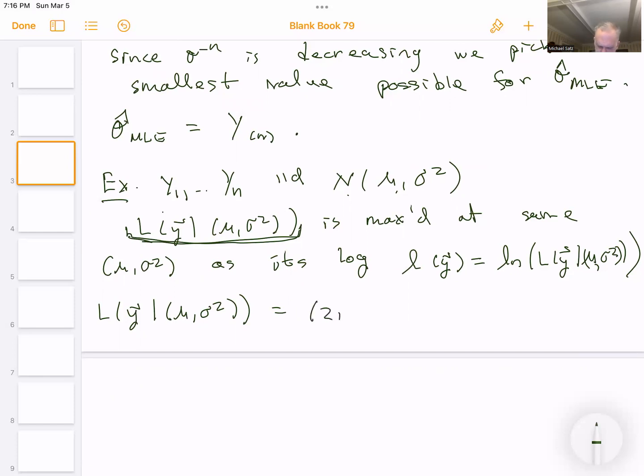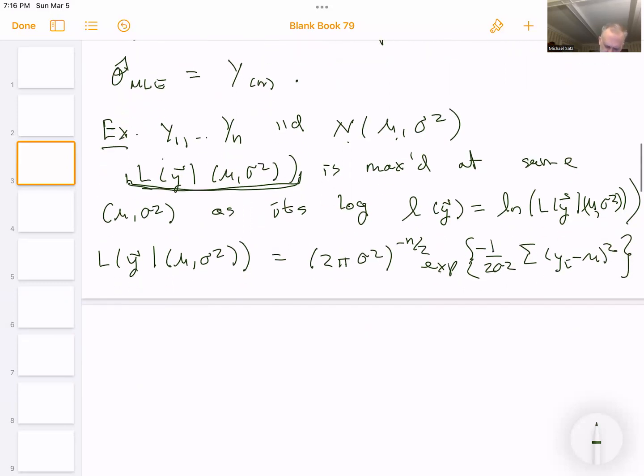It's 2 pi sigma squared to the minus n over 2 times exp minus 1 over 2 sigma squared summation yi minus mu squared. Okay, so that's that. So let's take the log of that. I have little l of y, and this is equal to taking the log of this, log of a product is the sum of the logs.